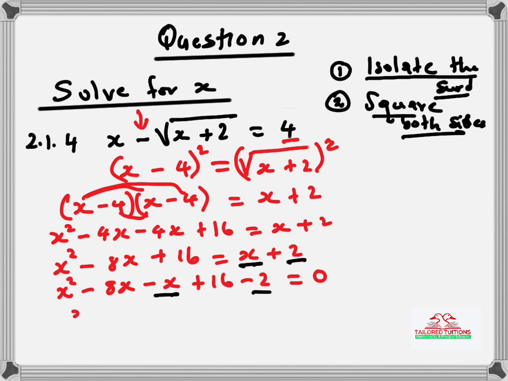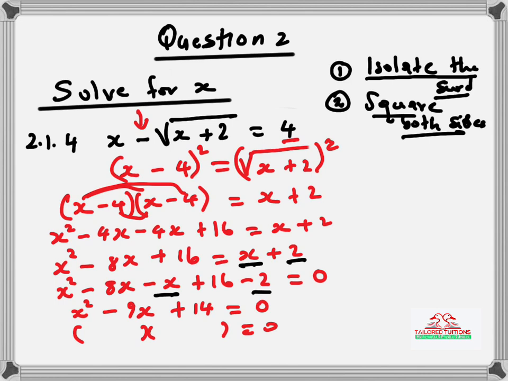We are going to have x squared minus 9x plus 14 equal to what? Equal to 0. So now we are back to this type of quadratic equation. Now it's up to you whether you use the quadratic formula or you factorize. So I am going to factorize.